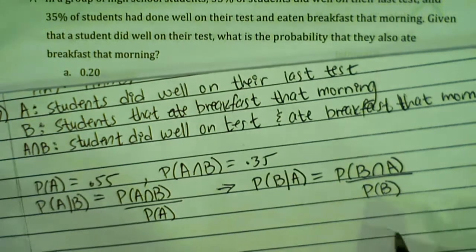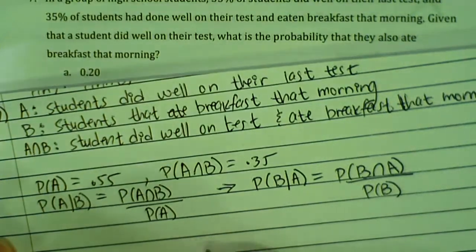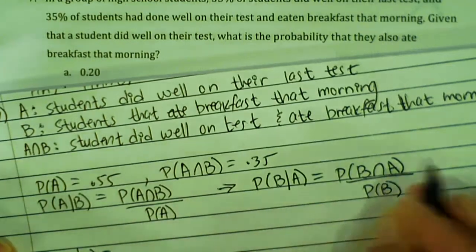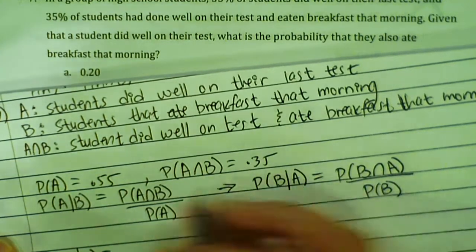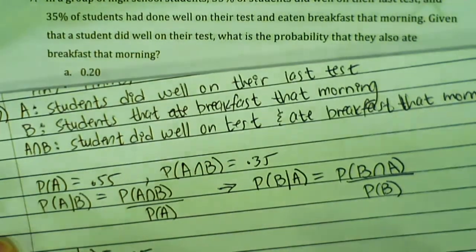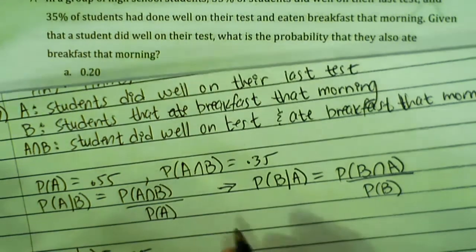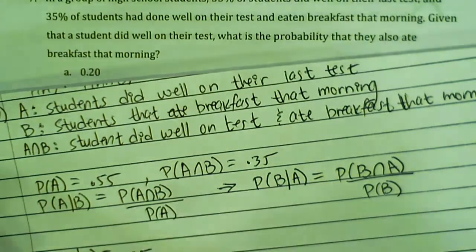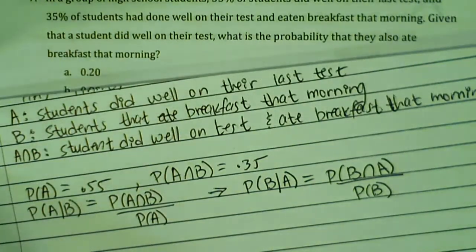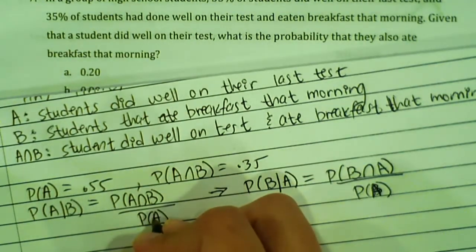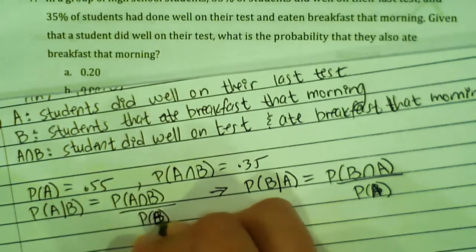So that means the probability of B given A would be this, which is already given to be 0.35 over the probability of, oh man, did I just mess that up? So this is supposed to be A, and this is supposed to be B. Yeah, sorry about that.